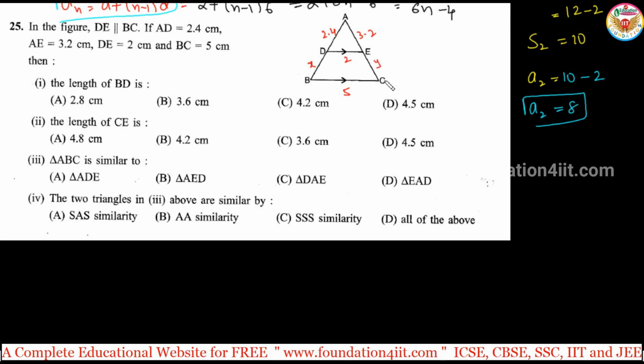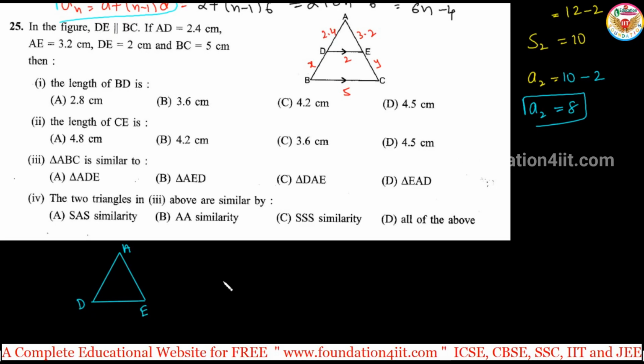Okay, so whenever two triangles are similar, corresponding sides are in the same ratio. So here is triangle ADE. Let me take these two triangles separately. First one is ADE.